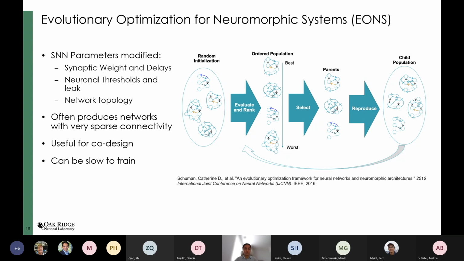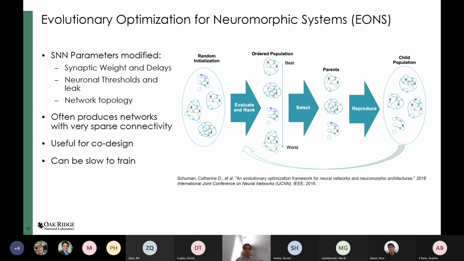Here we can coherently optimize all the different parameters of the spiking neural network for a given task at hand. So EONS can produce SNNs with very sparse connectivity, and it's very useful for a co-design effort where you're trying to optimize the network parameters for a given underlying hardware, and it can potentially evolve the design of the underlying hardware as well.